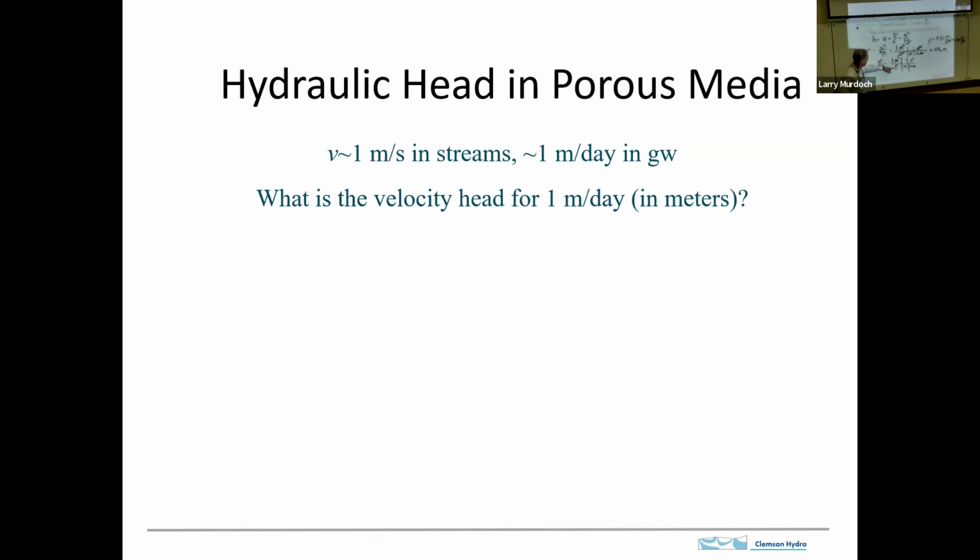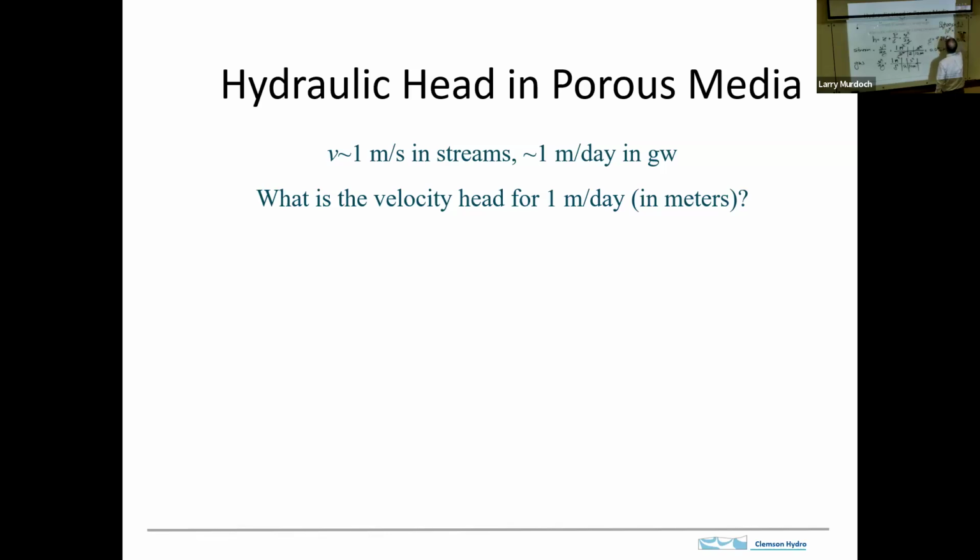Okay. So now though we have to convert this. This is a day squared and a second squared. So in order to get this to work, we've got to do the conversion. So how many seconds in a day? There's this many seconds in a day. So let's call it 100,000.